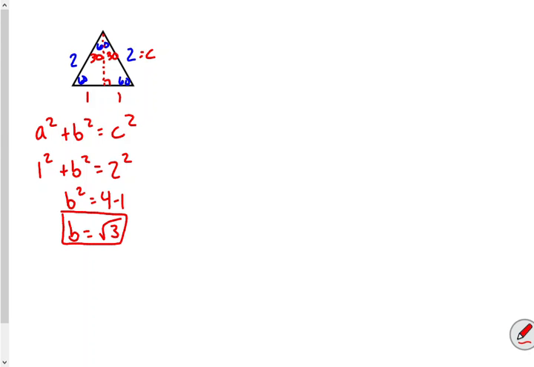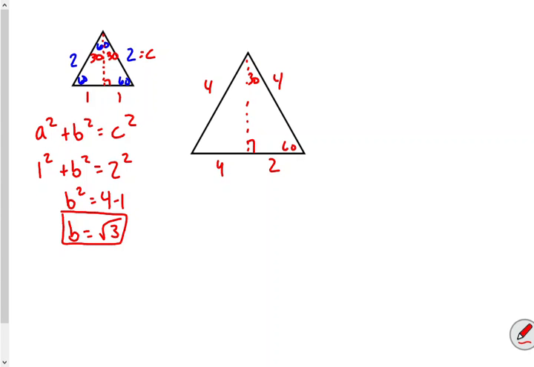Okay? Now, an interesting basic idea here is that if I was to scale this triangle up to say a 4, 4, 4 triangle, which I then split in half, and get a 30, 60, 90 with a base of 2 and a hypotenuse of 4, and I complete the same steps of 2 squared plus b squared equals 4 squared, I end up getting b squared equal to 12, or b is equal to 2 square root of 3.